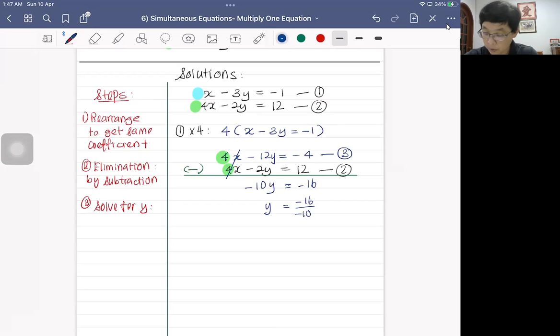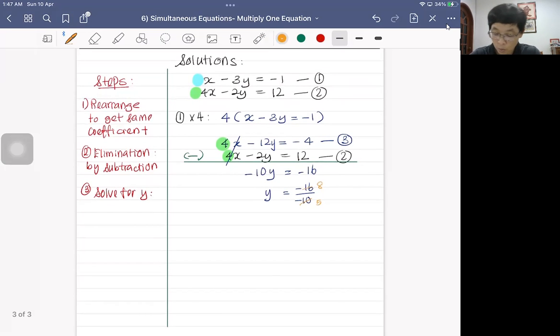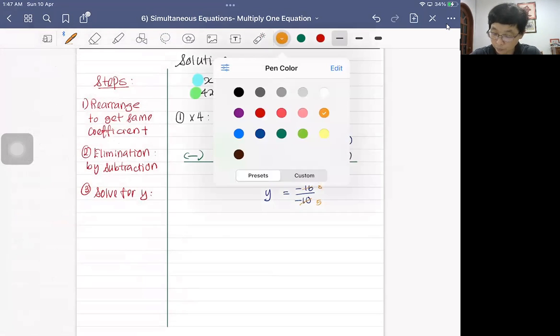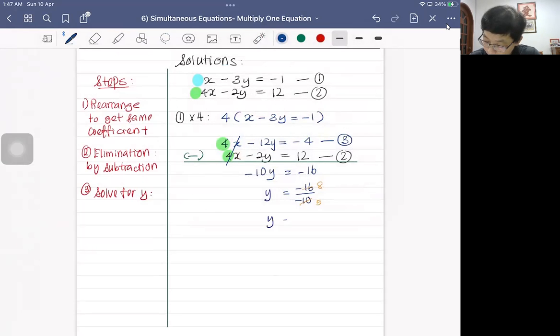All right, so I'm just going to use different ink. Pardon me with my Chinese multiplication table. And then, yeah, so now you're going to get y equals to 8/5. And then why is it positive? We learn in the integer when same sign dividing each other, you're going to get a positive.